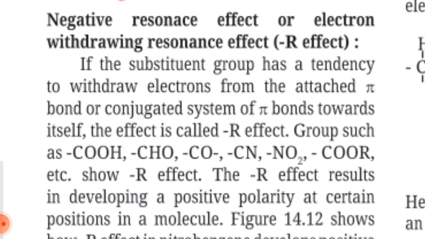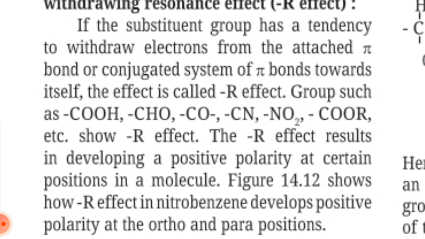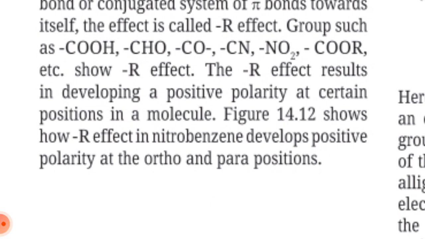Negative resonance effect, or electron withdrawing resonance effect, is the -R effect. If the substituent group has a tendency to withdraw electrons from the attached pi bond or conjugated system of pi bonds towards itself, the effect is called the -R effect. Groups such as COOH, CHO, CO, CN, NO2, COR, etc., show the -R effect.